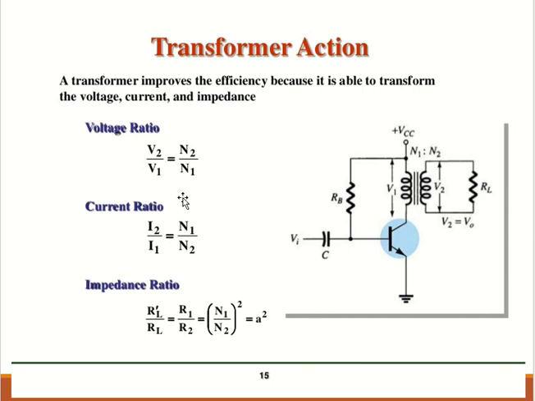Similarly, we can control current depending on the number of turns, and impedance also can be controlled. So the efficiency can be improved if we use a transformer coupling here. The efficiency of the Class A amplifier will improve up to 50% in the case of transformer coupling.